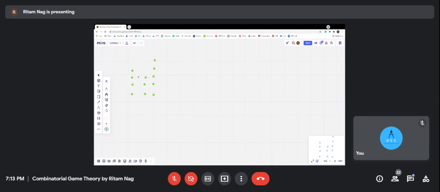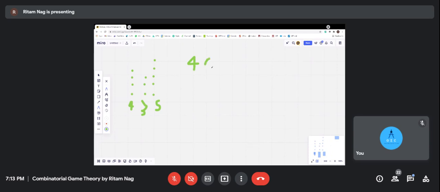It turns out that for NIM, you can just denote a game of NIM using the numbers of stones in each of the piles. And the game is winning for the second player precisely when the exclusive OR of all the numbers is 0.